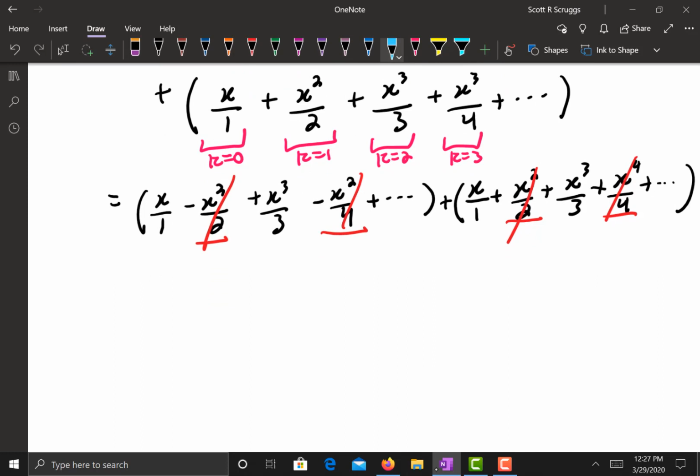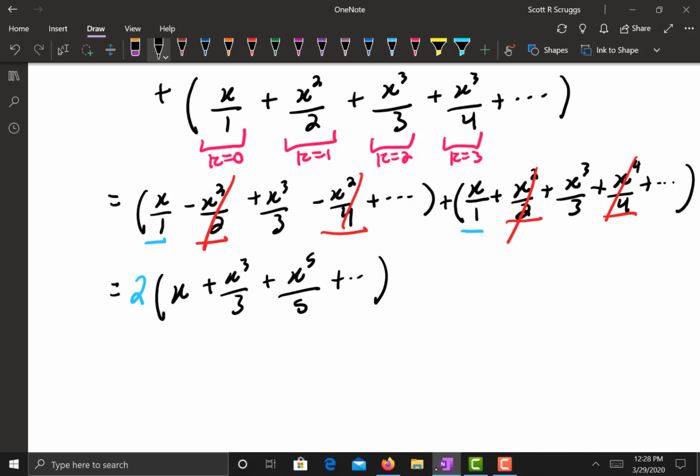Then I'm adding the remaining terms together, so I'll have two copies of each of those terms and always a common factor of 2. So I factor out that 2 to give me x plus x cubed over 3 plus x to the 5th over 5, plus so on and so forth.